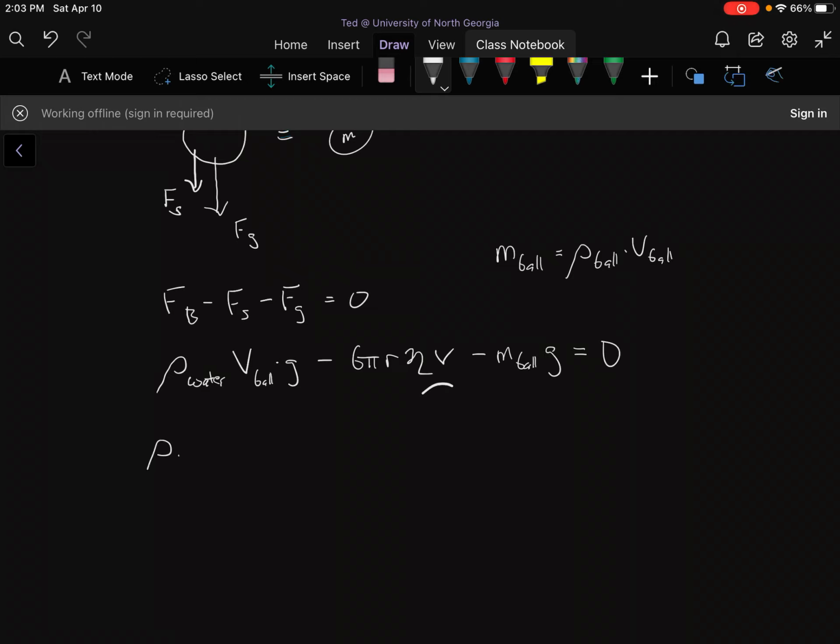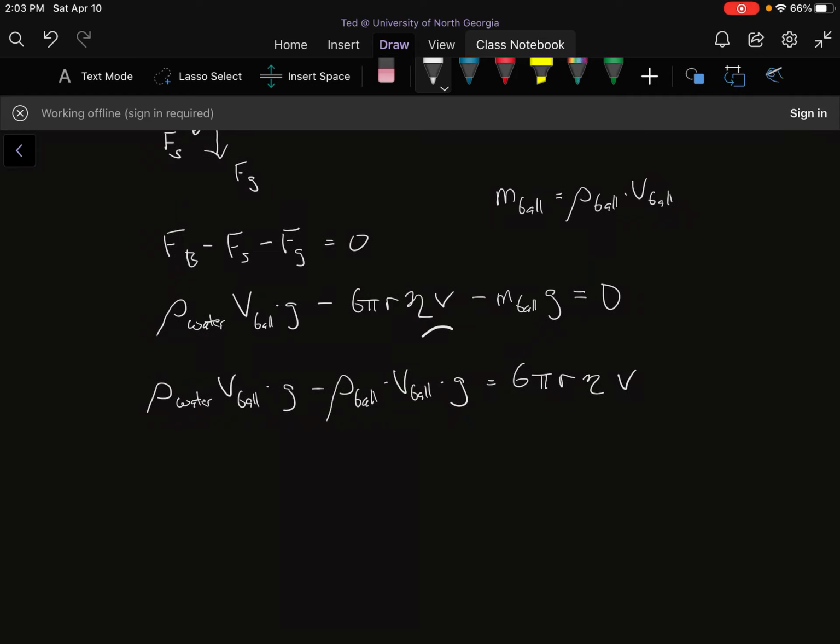So I get the density of water times the volume of the ball times g minus the density of the ball times the volume of the ball times g is equal to 6 pi radius of the ball times the viscosity of the water times velocity. So now I need to divide both sides by 6 pi r eta to get velocity.